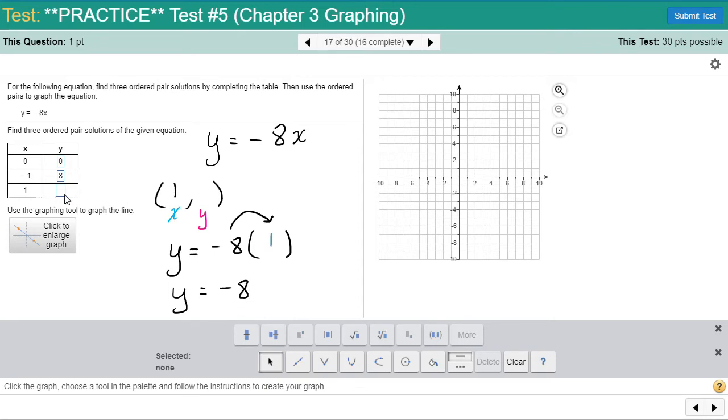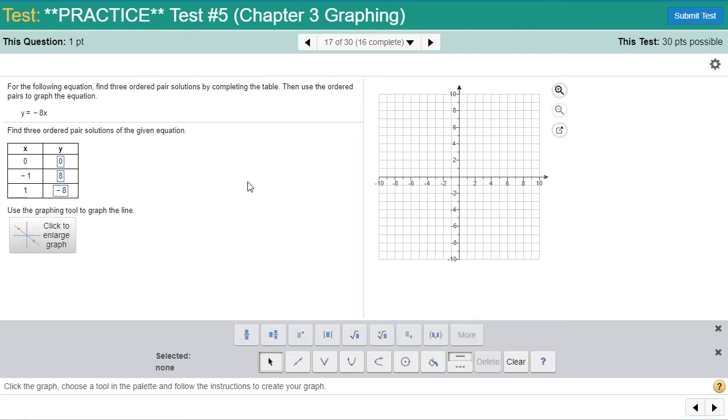So there we have it. When x is positive 1, the corresponding y is negative 8, so we'll fill that in. And now we've got our table of values complete, so I'm going to get rid of everything on the screen, and we have to now plot this line using any two of these points.